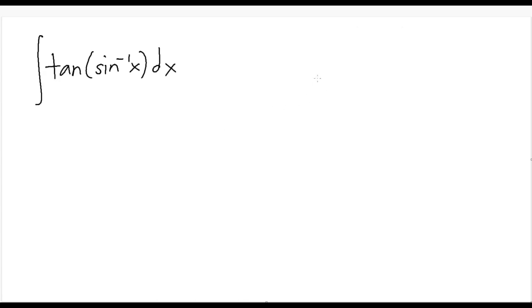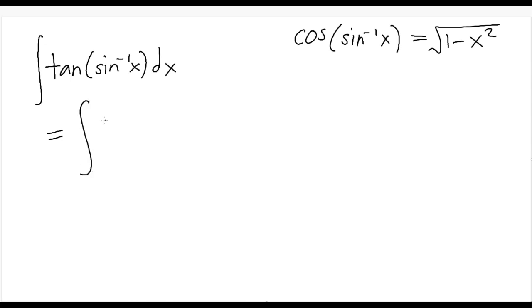Okay, so for this integral, if you remember, this is equal to the square root of 1 minus x squared. Okay? So you can actually simplify this in terms of sine and cosine.